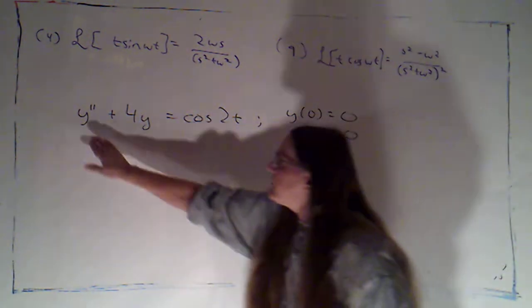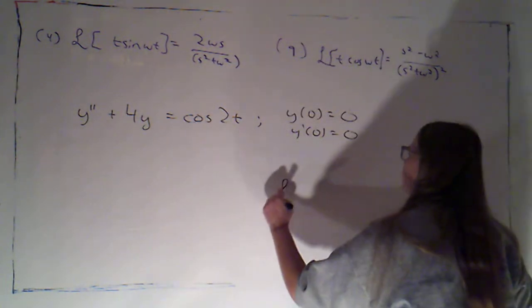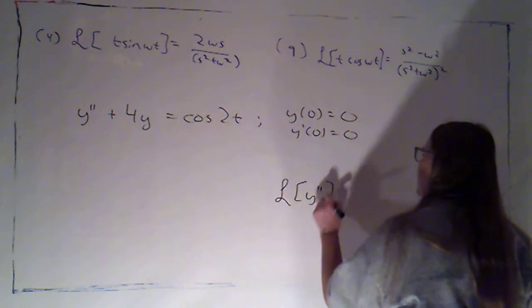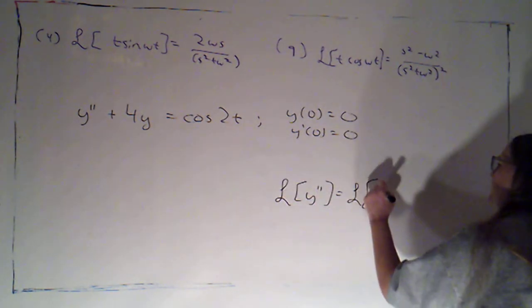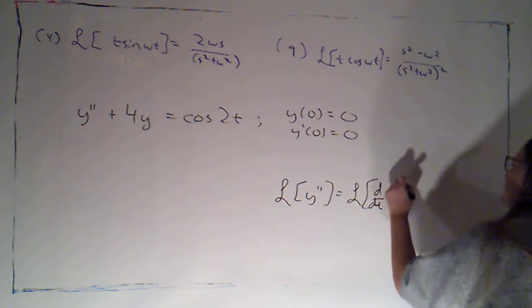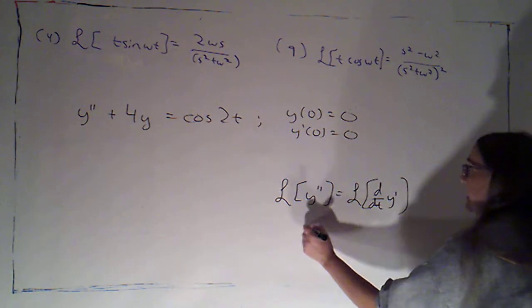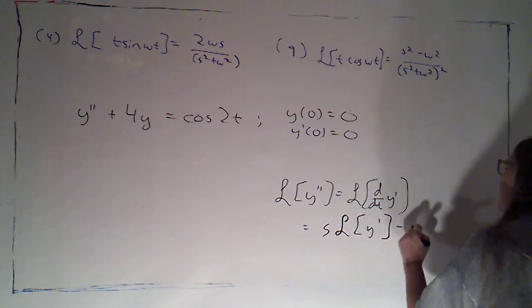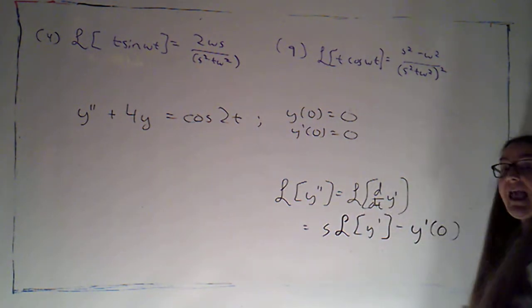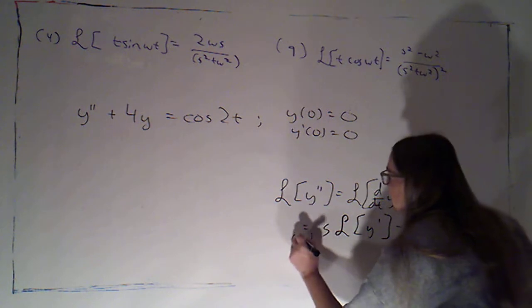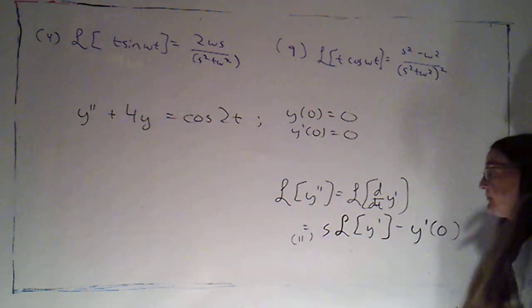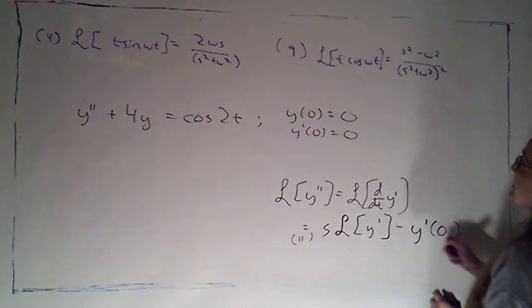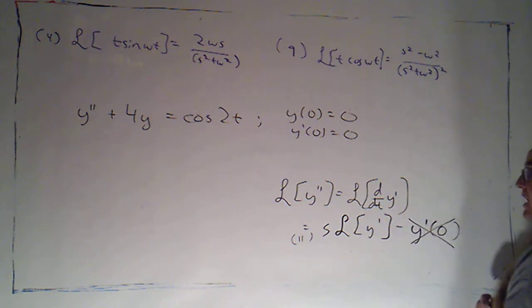Okay. So I'm going to do a little bit of side work for the Laplace transform of y double prime. Remember, that's the Laplace transform of the derivative of y prime. And that gives me s times the Laplace transform of y prime minus y prime at 0. That's formula 11. Okay. y prime of 0 is just 0, so that piece drops out.